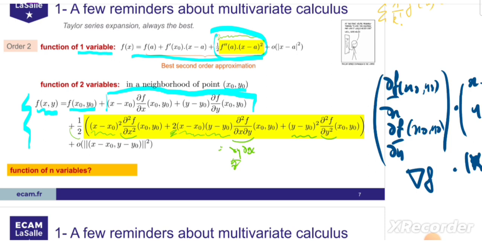According to x twice, y, and z, that's 3 different, and then you've got x y, x z, and y z. So you've got 6 different second order derivatives. So you would have 6 terms here. And every time you've got a cross derivative, you would have 2 times like this one.